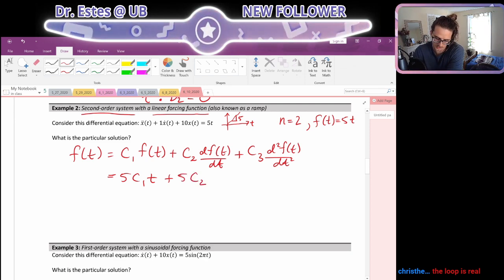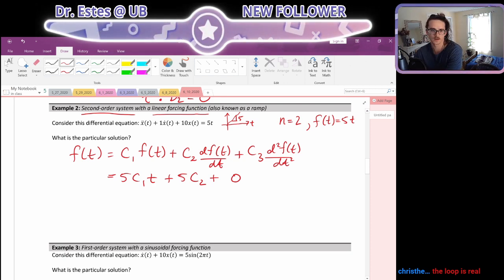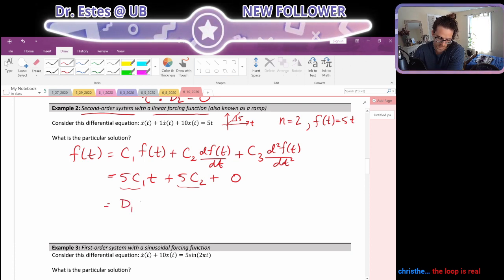And then the second derivative of 5t is just equal to 0. So it's plus 0. And just to make things a little cleaner like before, I'm just going to rename this d1 times t plus d2.